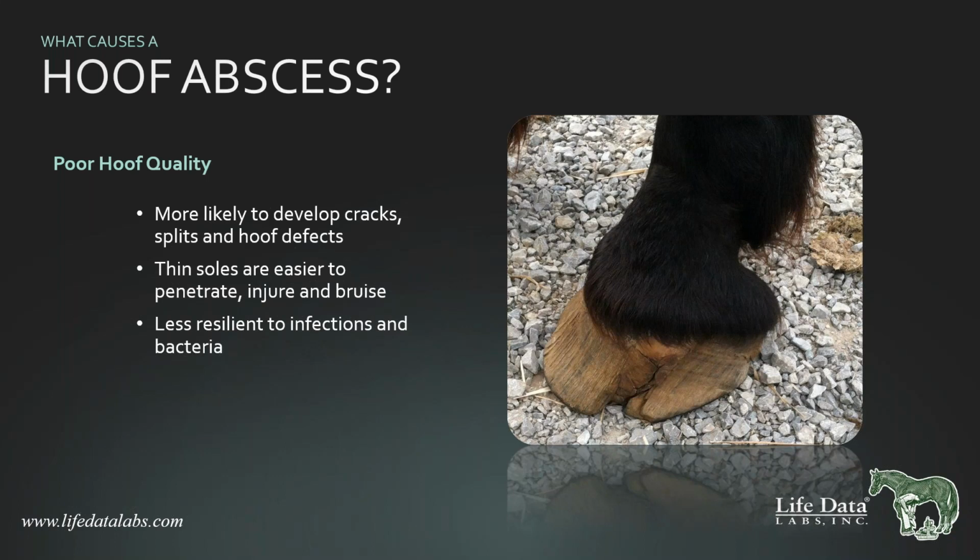The walls, you can see that wall is cracked and broken away, and it just makes them so much less resilient to infections and bacteria being able to enter into the hoof capsule itself. So poor hoof quality is definitely on the list of making sure the hoof is successful in its work.